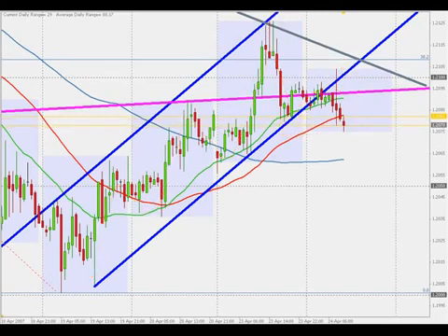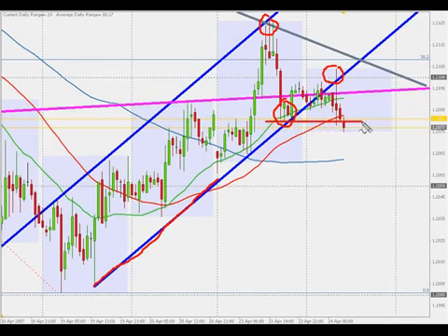This was our last low, and this was our last high, and now as we broke the retracement channel, we made a lower high, and now we are breaking our last low for this currency pair.